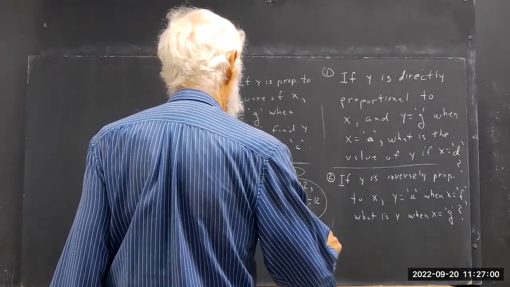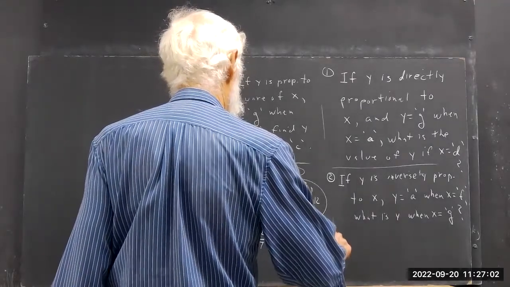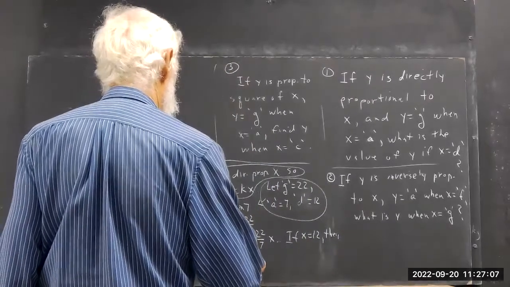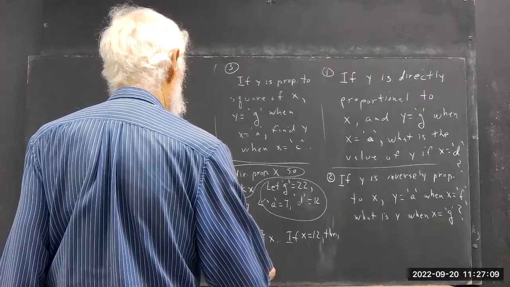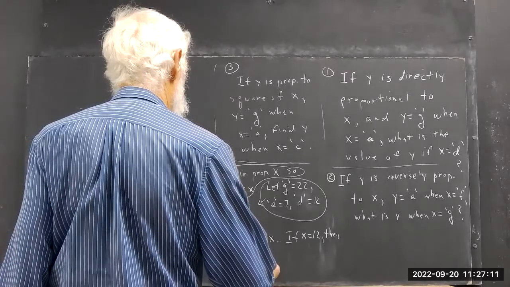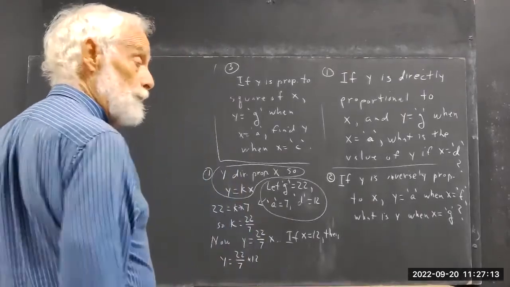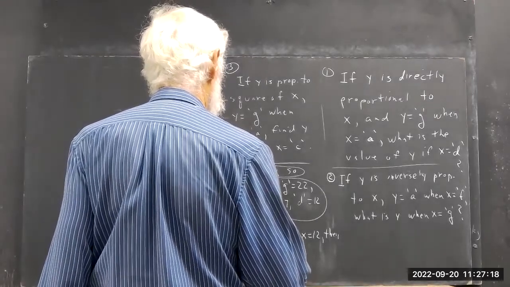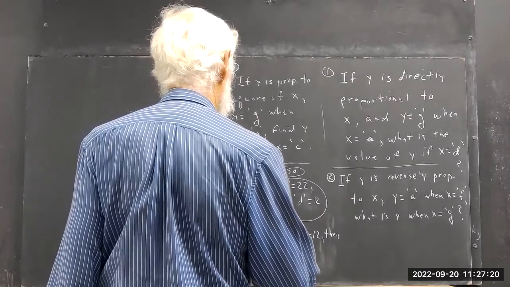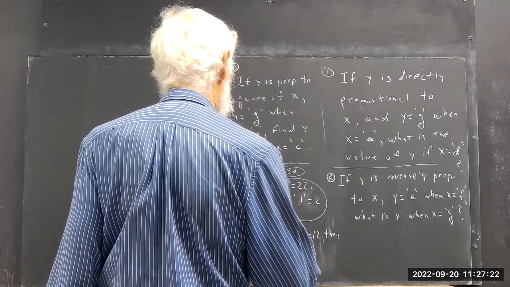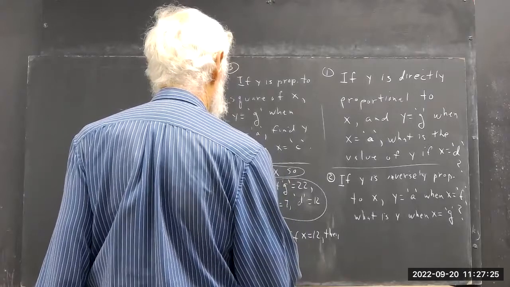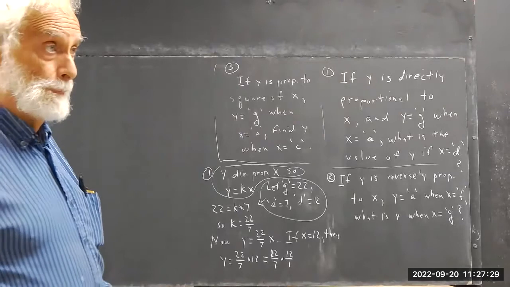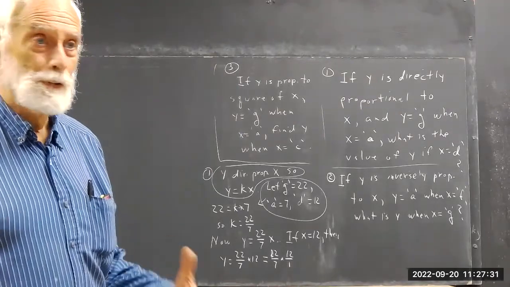So x equals 12. Then y equals 22 sevenths of 12. So you write this up because people need to understand how fractions work, sooner than you really want.